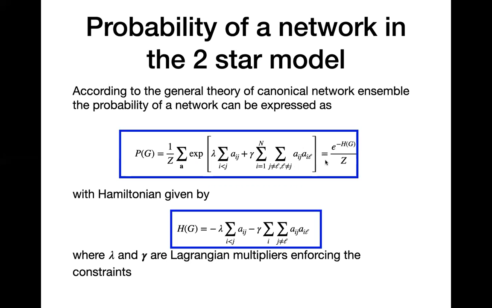Okay, so we can write this as e to the minus H, where H is the Hamiltonian, divided by the partition function. We are particularly interested in this expression for the Hamiltonian that, as you see, does not only include the linear term, but also a nonlinear term that is proportional to the product of two elements of the adjacency matrix that share one index.